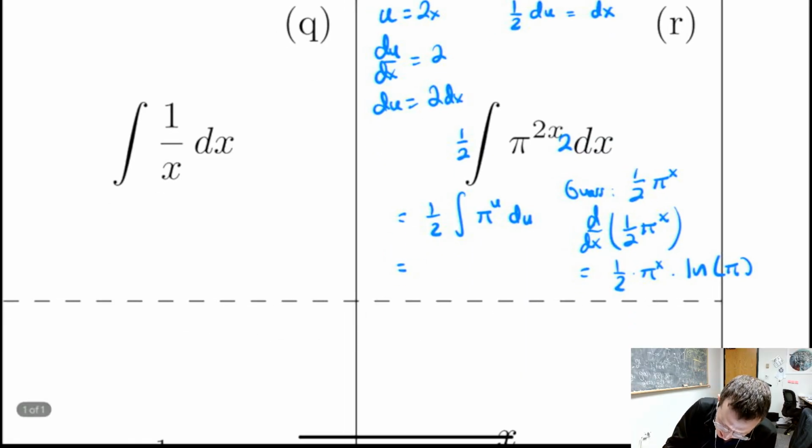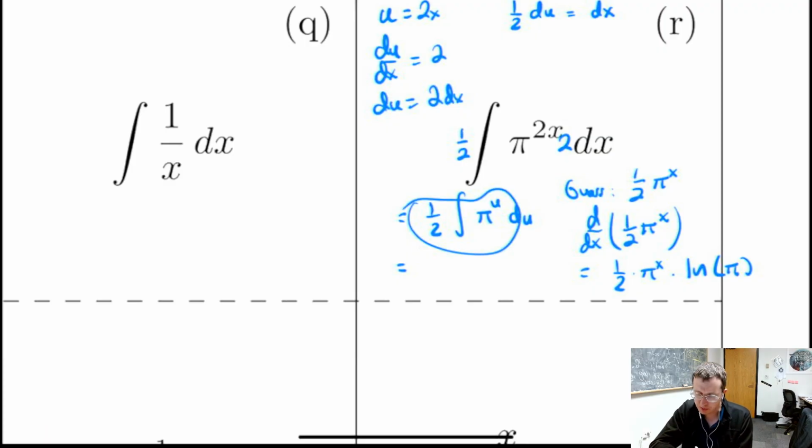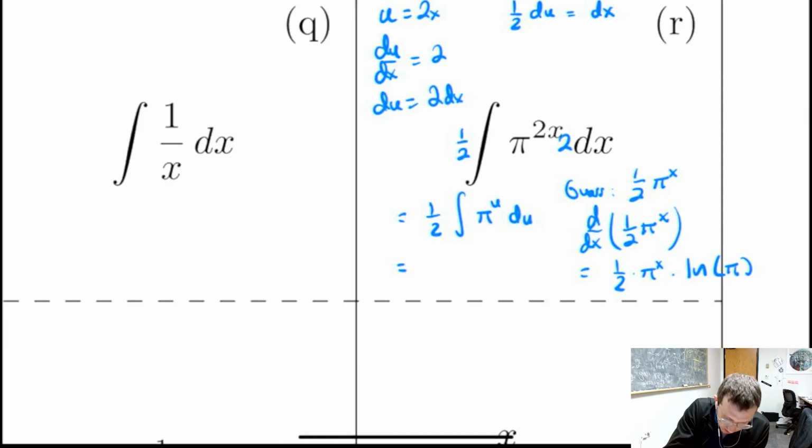So is that the thing that we were supposed to get? No, partly because I wrote x here when we have an integral in terms of u, so I should be working with u's. And we'll convert back to x at the end of the problem, of course.